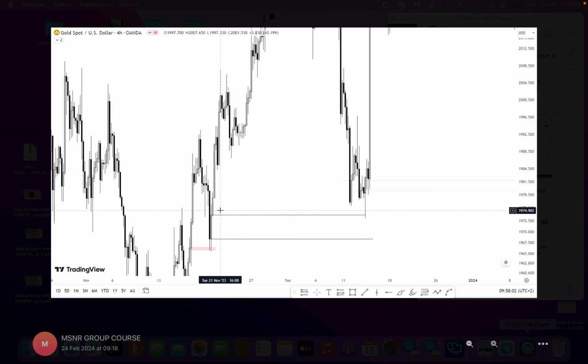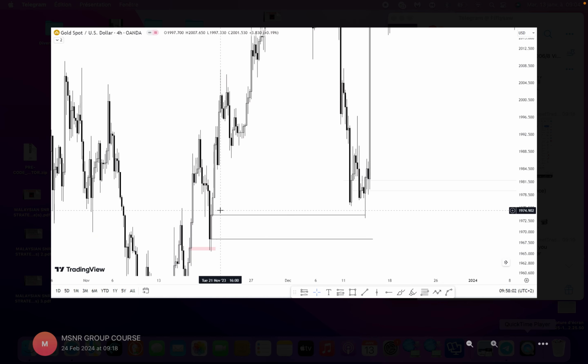So, this is area number one. Where's area number two? Area number two, we have a buy and then a sell. This was an area of support, right? When we break above it, this was an area of resistance, right? When we break above it, what does it become? It becomes an area of support.